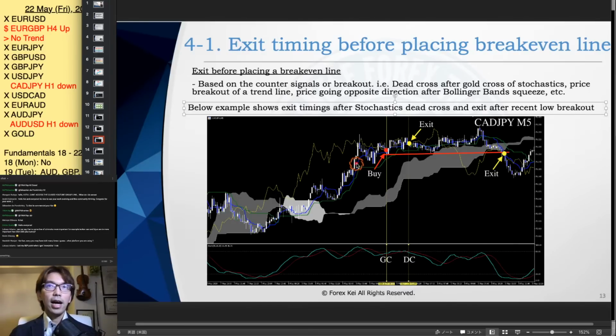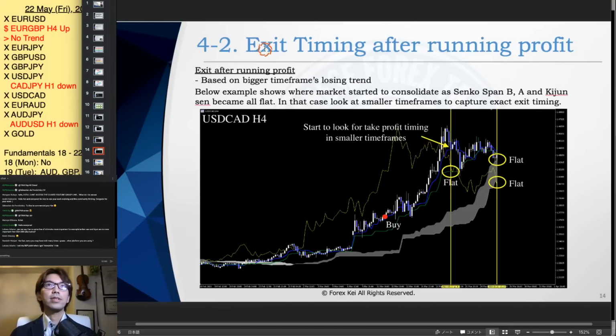One is exit timing before placing the break-even, and it is explained here. Whenever I exit before placing the break-even, I will put this slide on the screen and explain how I exit those positions before placing the break-even line.